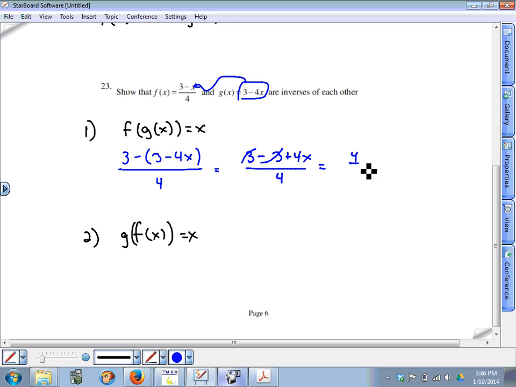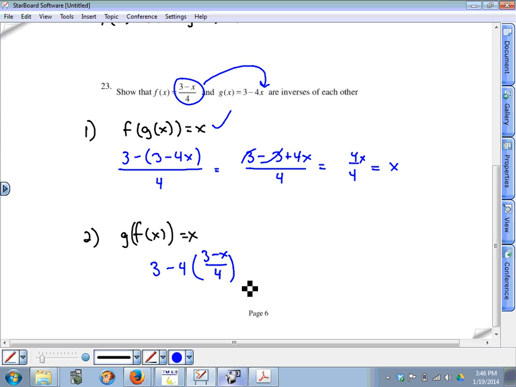The 3's cancel, so it's 4x over 4, which is x. So we've shown that the composition there is equal to x. Now the other way around, g of f of x, that means the f function here is going to go inside the g function right there. So this is 3 minus 4 times the f function, which is 3 minus x over 4.